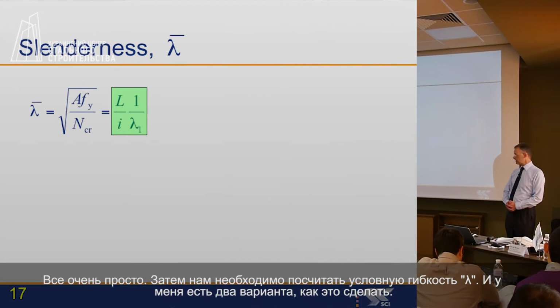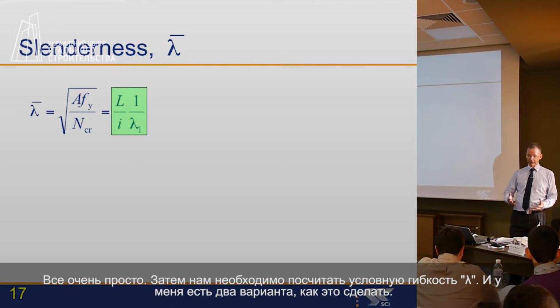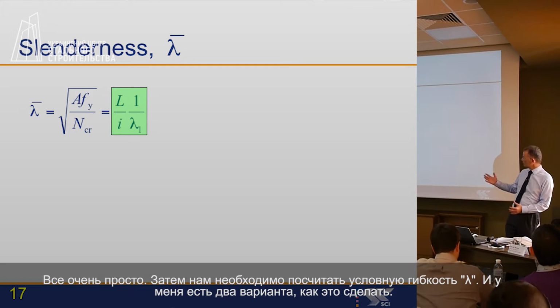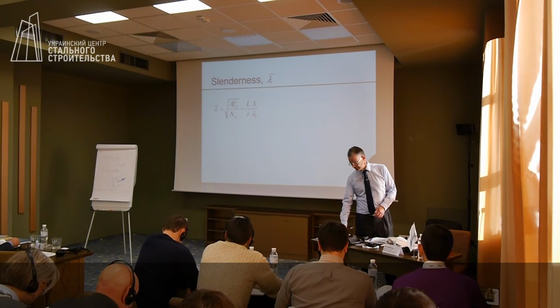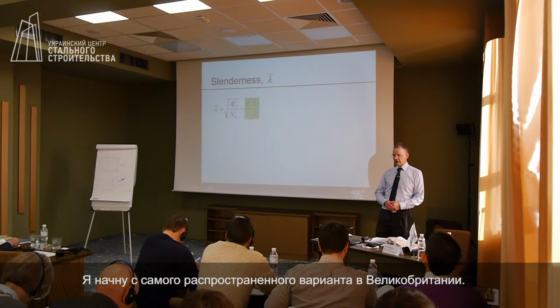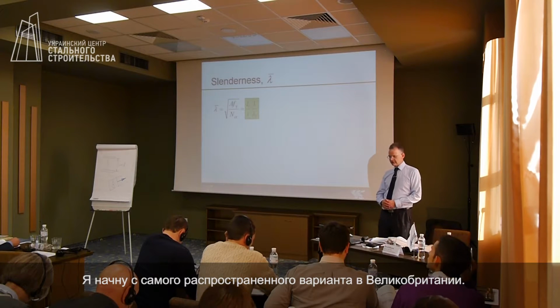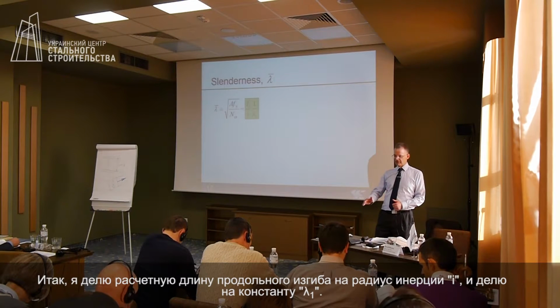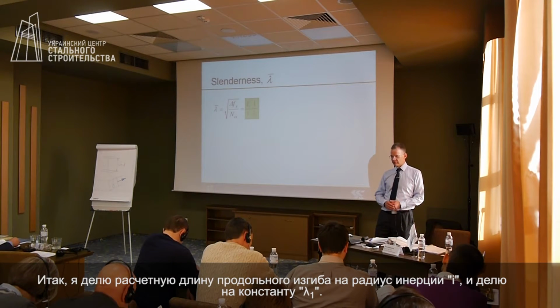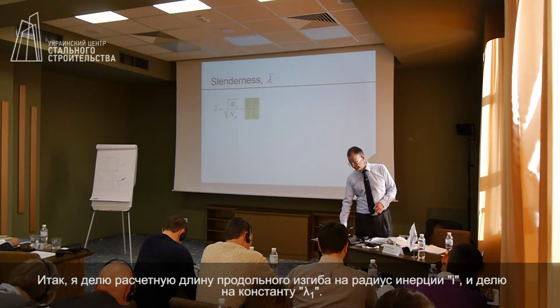Then I need to calculate the non-dimensional slenderness lambda bar, and I have two ways to do it. Here they both are. I'm going to start, because this would be the familiar way in the UK, with the length divided by the radius of gyration divided by this constant lambda 1.